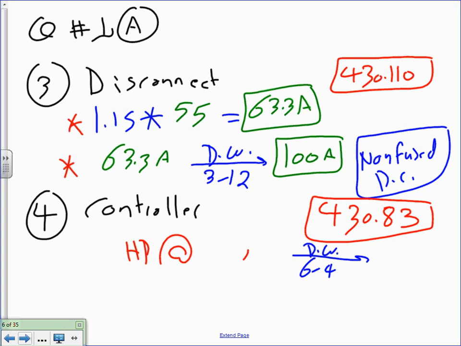Shall we do the controller? If you go to the controller, it says 430.83, very simple. Controllers have to be rated for the horsepower and the voltage, 120 volt, and the phases, single phase. I thought it was 208. Did you write 120? 208.